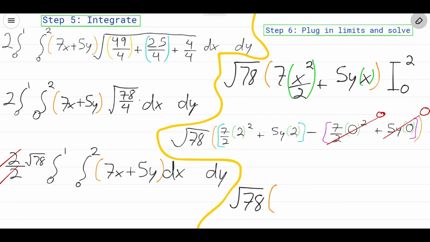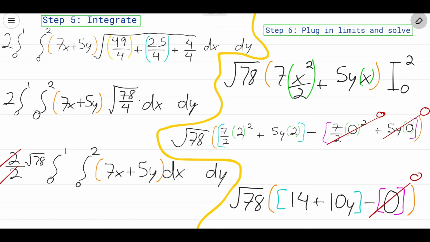So the square root of 78, and we have 7 over 2 times 2 squared is 4, 7 times 4 is 28, divided by 2 is 14, plus 5 times 2 is 10, so we get 10y, minus the 2 terms zero out, so that term goes to 0.